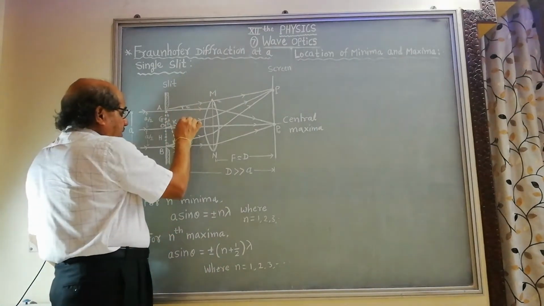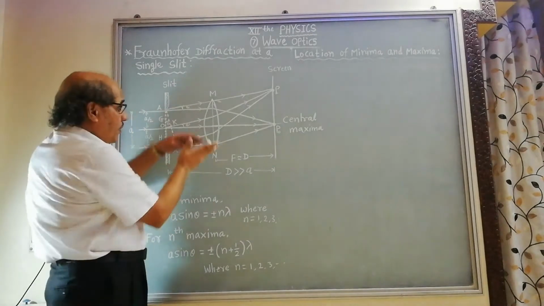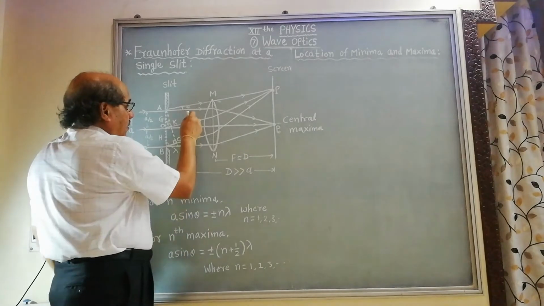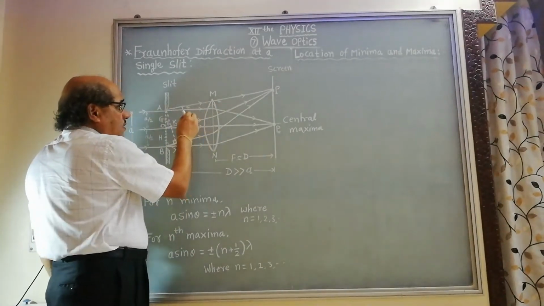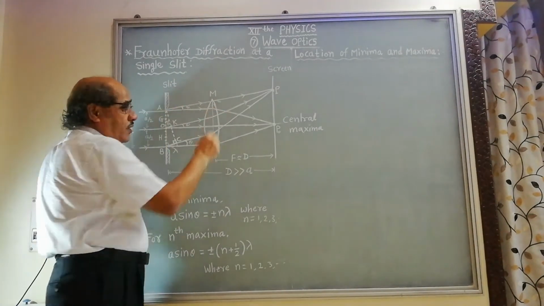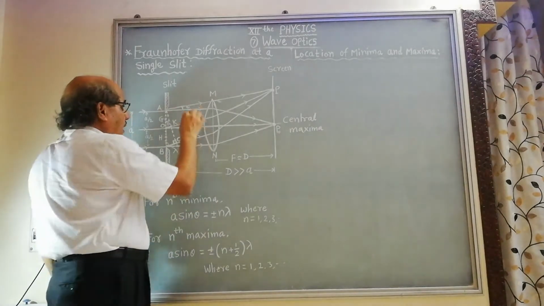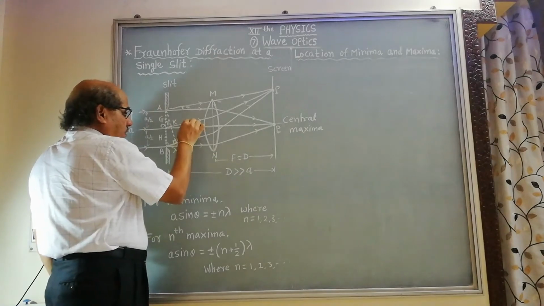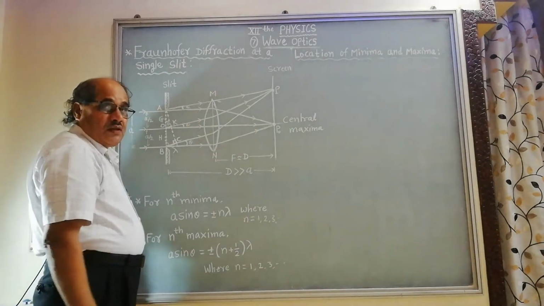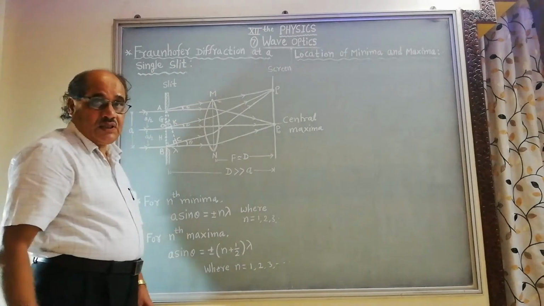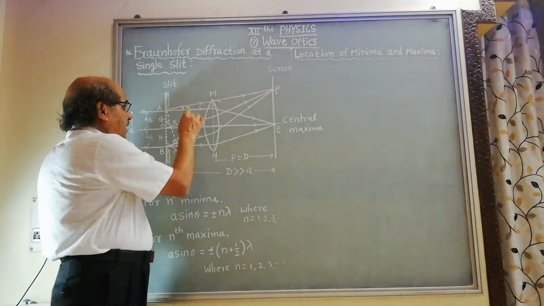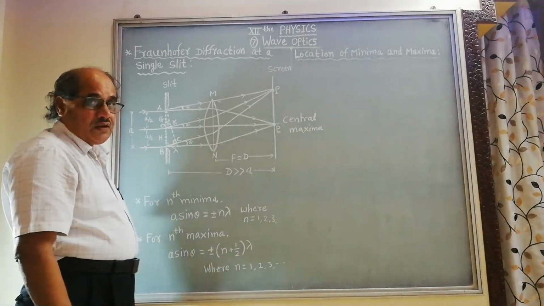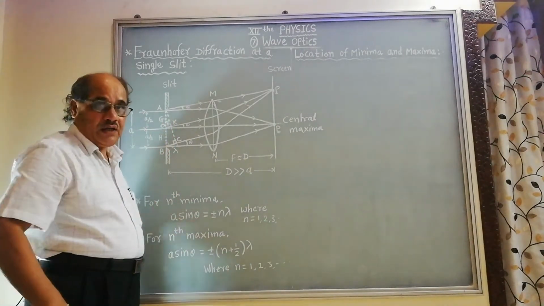Now all these three rays are diffracted, they are bending from their original path, and they make a small angle theta with the parallel rays. So this angle theta is the angle of diffraction, and this is a very small angle.